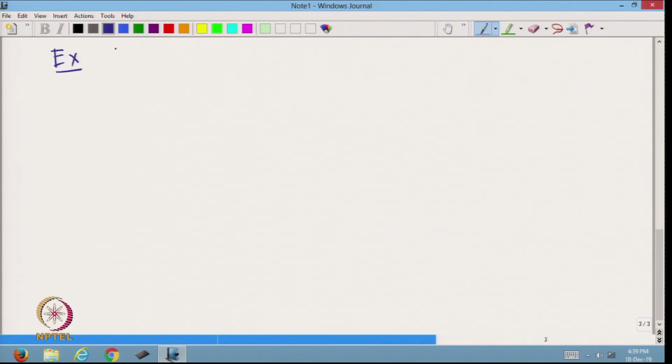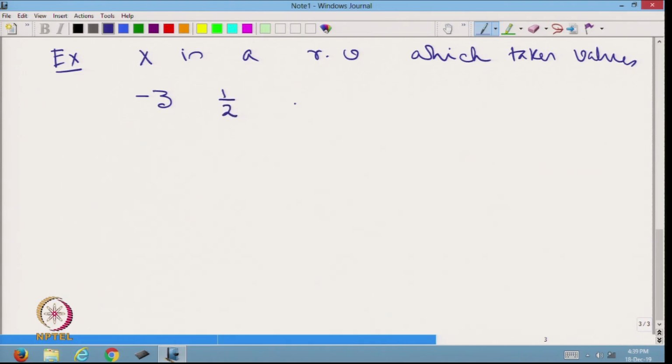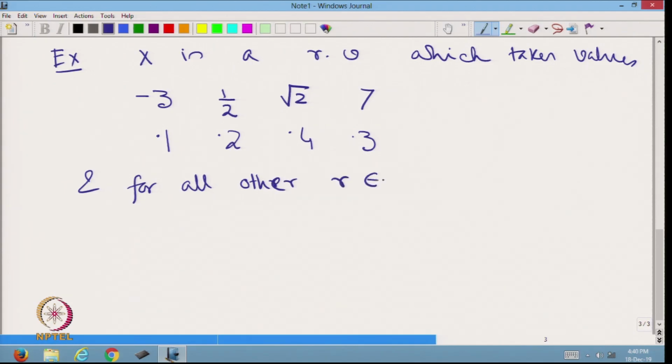Example, suppose x is a random variable which takes values, say -3, half, √2 and 7 with probabilities 0.1, 0.2, 0.4 and 0.3, and for all other r belonging to R, its probability is 0.